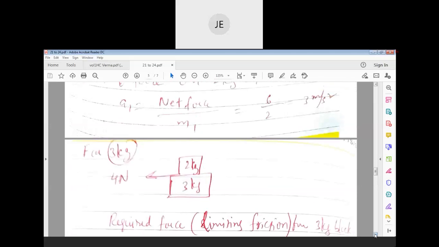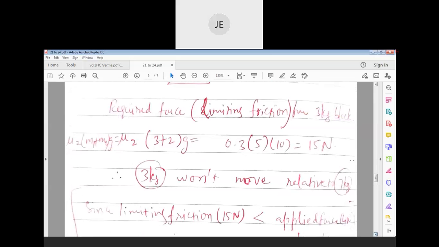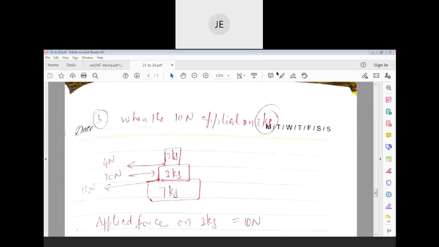Okay. Did you understand? If any doubts are there, please let me know. Next part is the force is applied on 3 kg block.